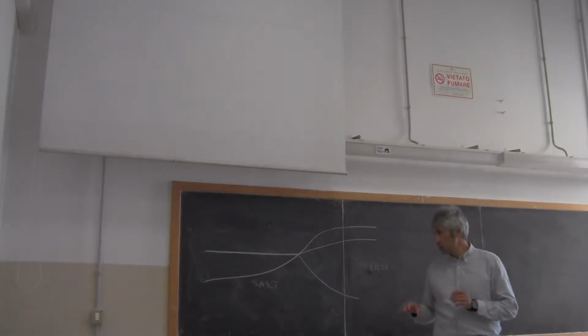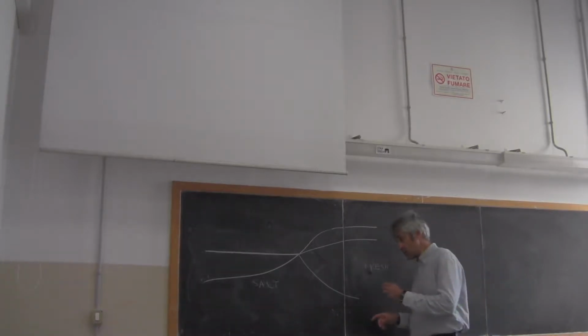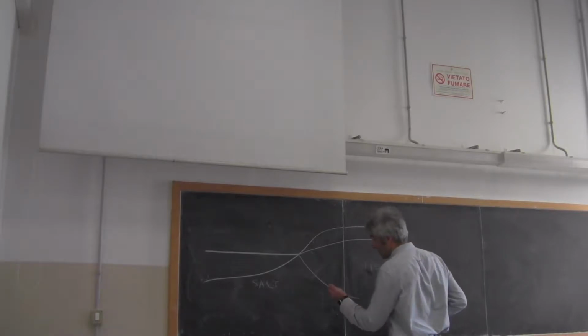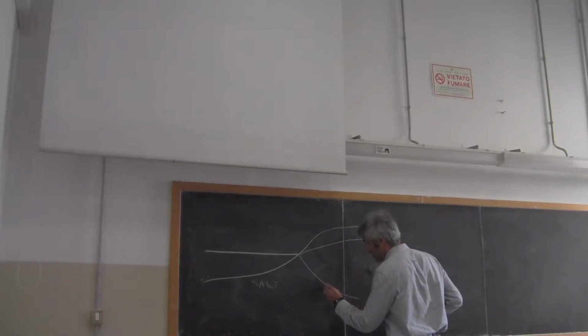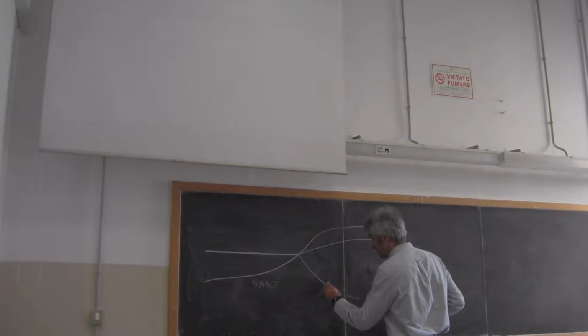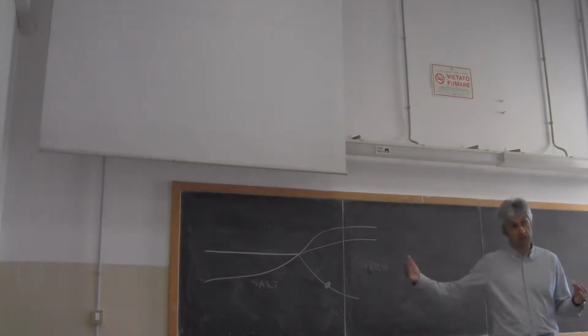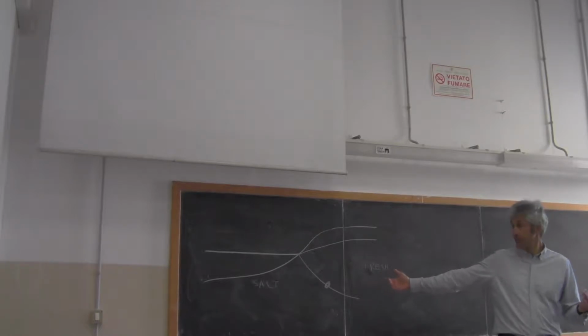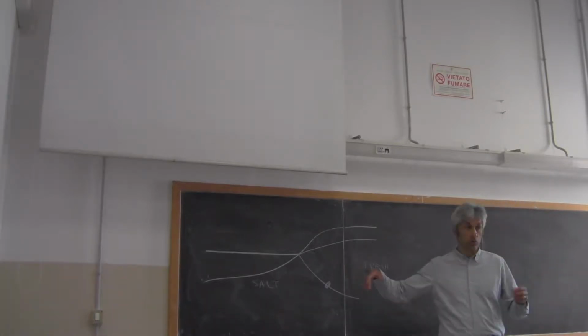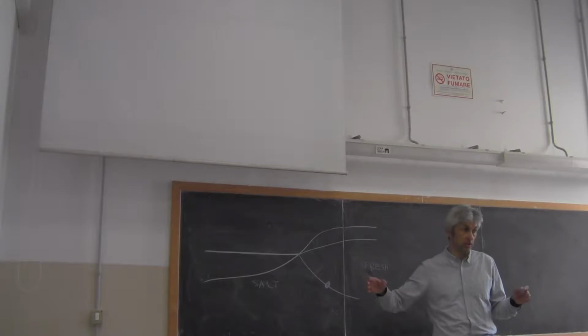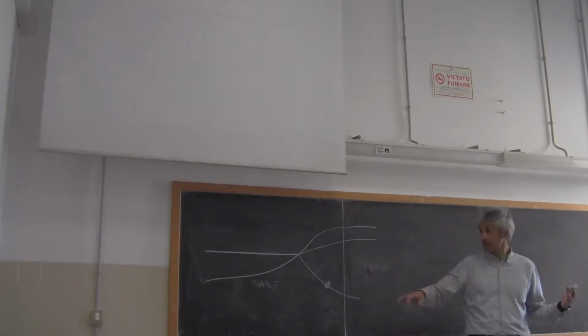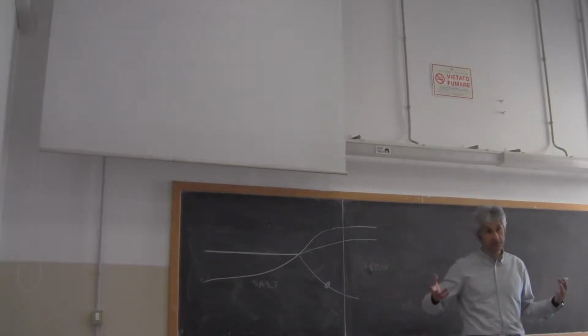In order to locate its position, we have to focus on a fluid particle which is standing on the separation surface, a line in 2D, between salt water and fresh water. If everything is static, this particle is in equilibrium.